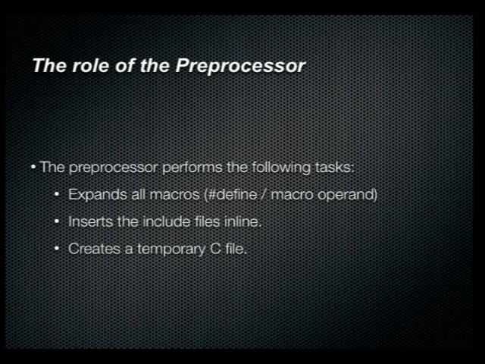It also inserts all the includes into your file, so all your hash includes are actually inserted into the C file as well. All these stages generate an intermediate C file that is then passed on to the actual compiler.